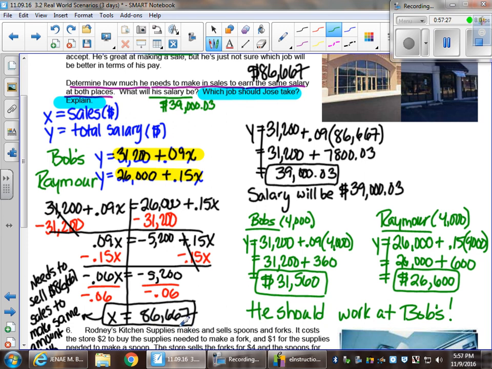So unless he thinks he's going to sell more than this, he should work at Bob's. He'll definitely make more money. So once you know your break-even X value, you choose something less or more and plug it in and make a judgment call. So a complete sentence would be, for me, if he sells less than $86,000 worth of merchandise, he should definitely work at Bob's, and here's my math to back it up.